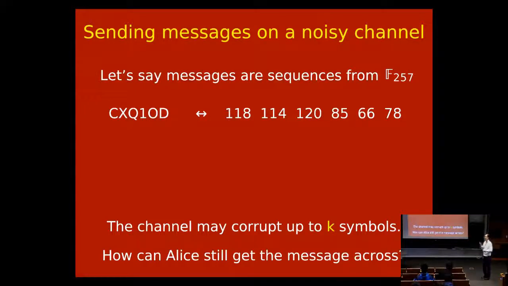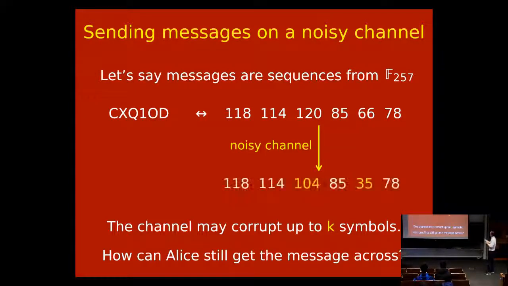So she wants to add some kind of redundancy to make sure that Bob can still figure out this exact string. When she sends it on this channel, maybe up to k of the numbers or symbols could get screwed up. And of course, if she doesn't add any redundancy, then there's no way Bob can know what the true original message was.